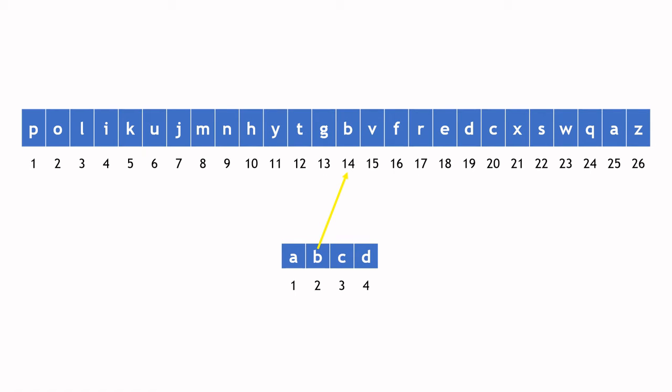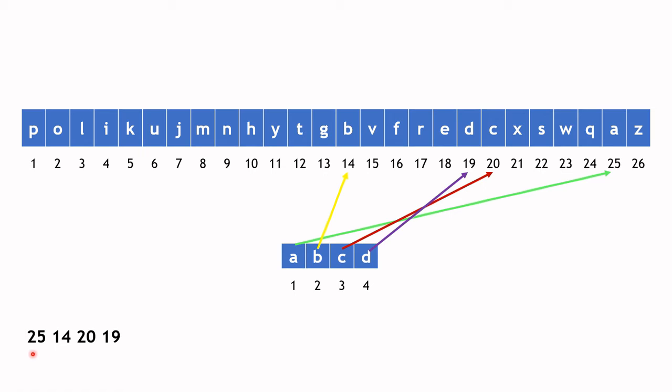Okay. Approach two, same input P and S. What we're doing is, instead of checking the alphabets and printing it out, we're going from S to P. Initially it was P to S, here it is S to P, and we are just taking the indexes of the alphabets.